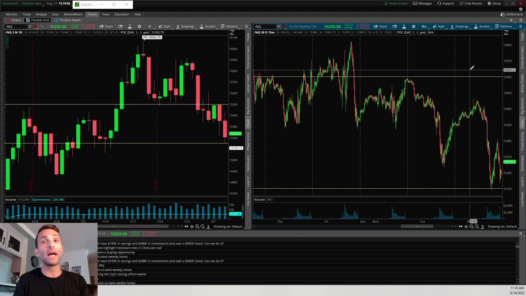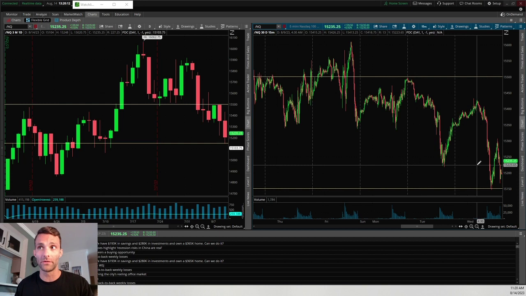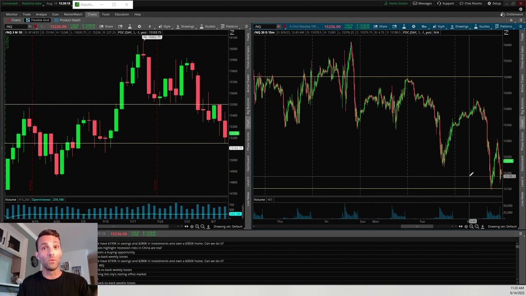Let's say you have the opposite view. You believe that the report or the information that's going to be talked about is going to be negative and the market's going to have a negative reaction. We're looking at the lower end of the range, call it this 15,150. So if the market has that negative reaction and there is a bearish move, then we would believe it's going to break below the range, this 15,150, and have a weak move to the downside.